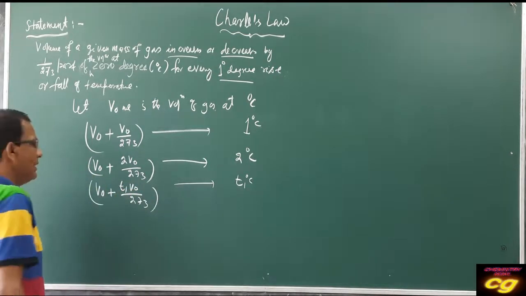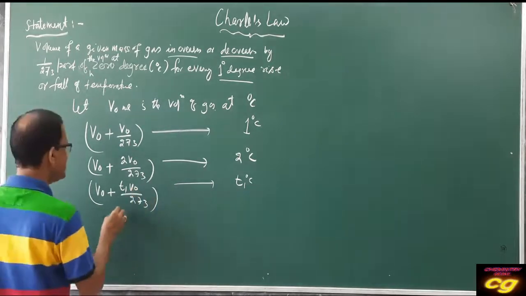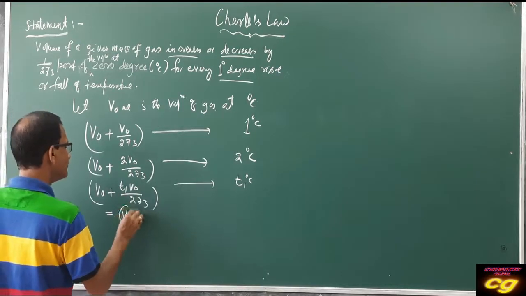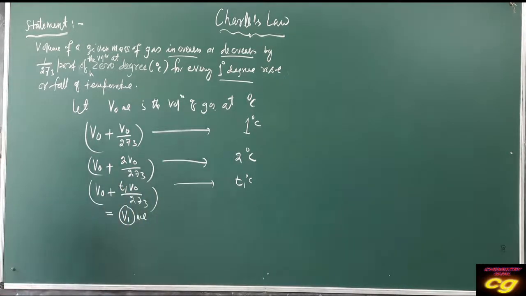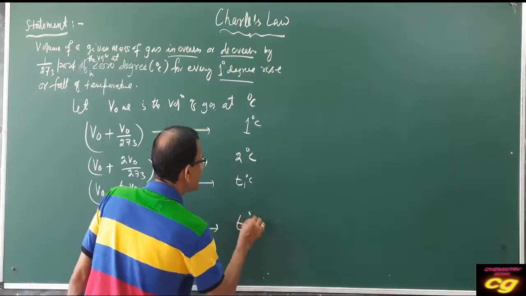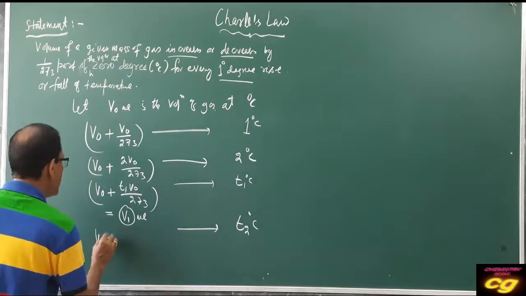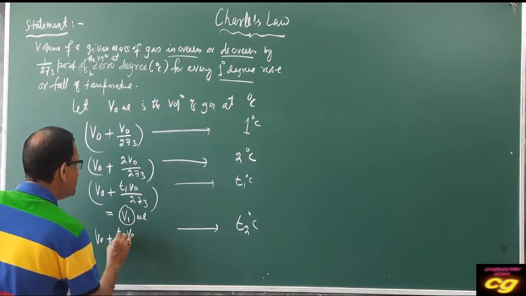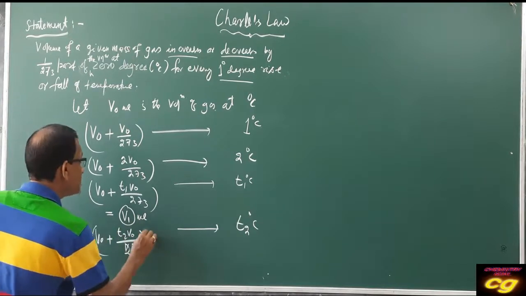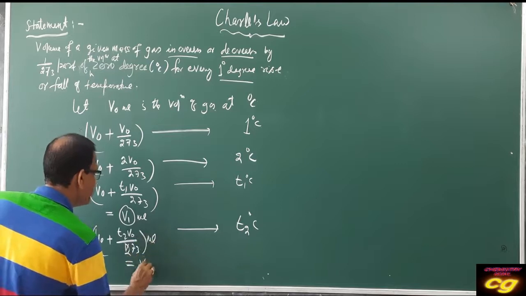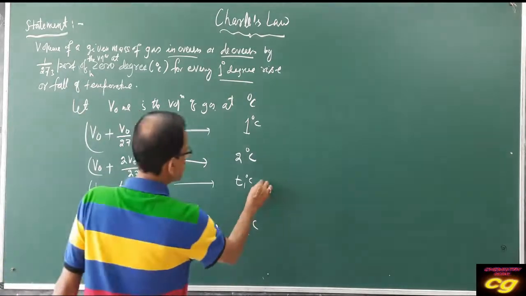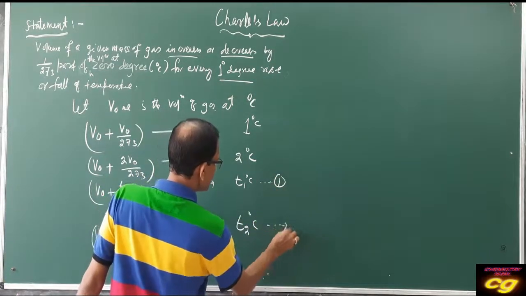Let this volume be V1 ml. Similarly, the volume at T2 degree Celsius will be V0 plus T2 V0/273 ml. Let it be V2. Suppose this is equation 1 and this is equation 2.